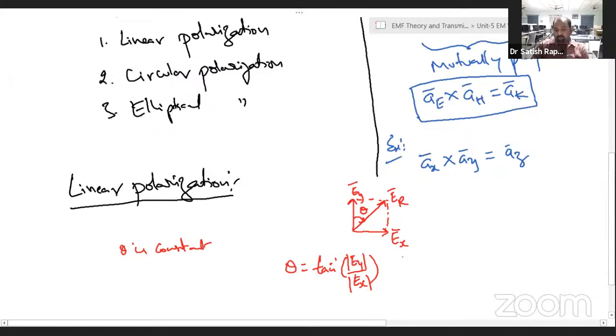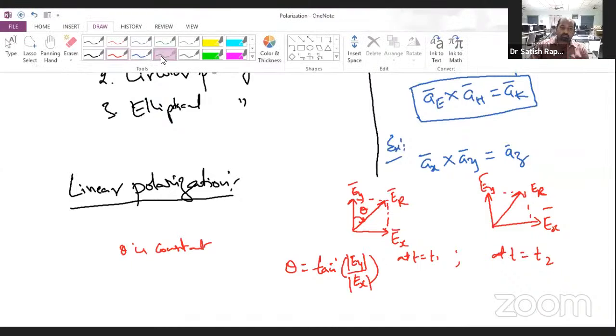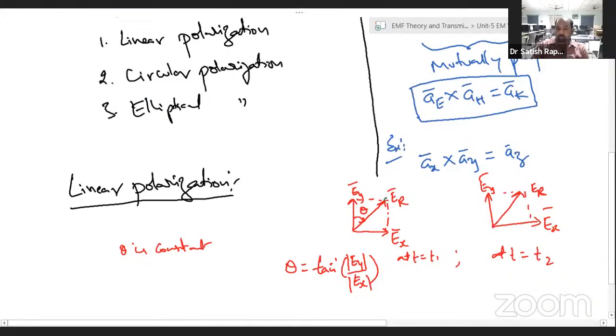Let us say this is at t is equal to t1, and at t is equal to t2, that is some other time. So this is the electric field Ex and Ey. At t is equal to t1, this is the locus point of resultant electric field, and at t is equal to t2, this is the locus point of electric field at different times.